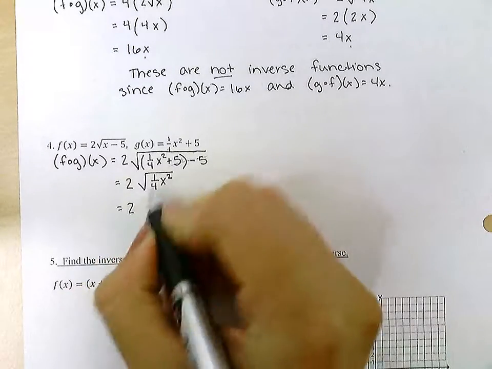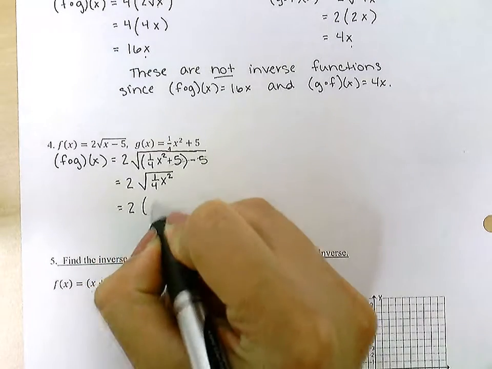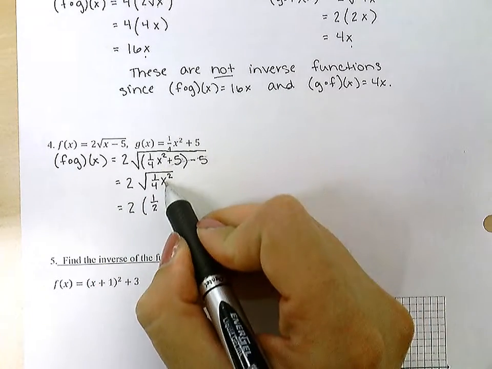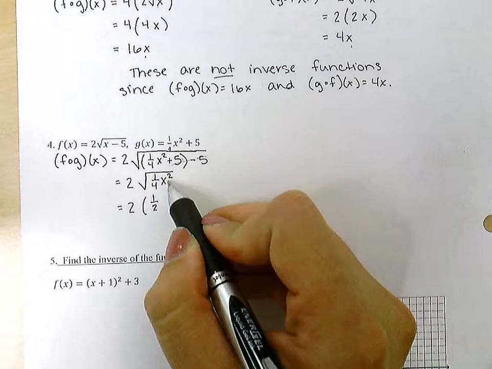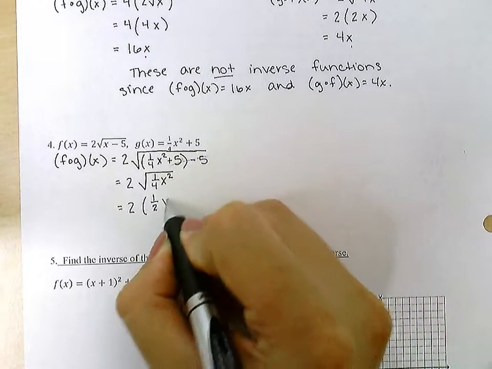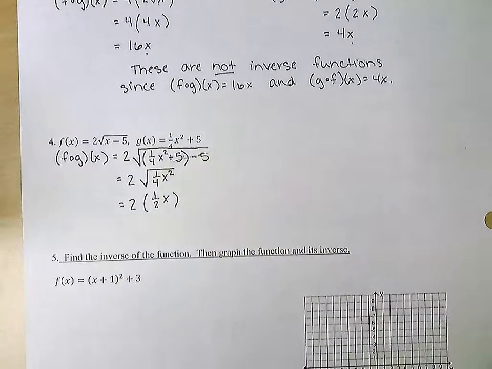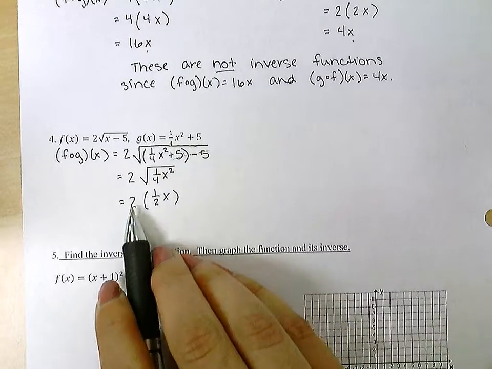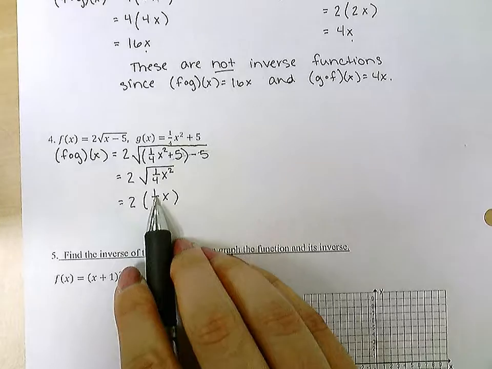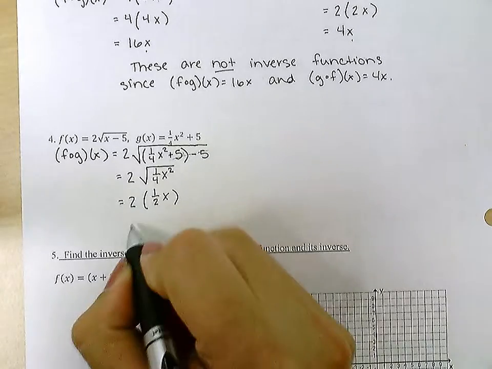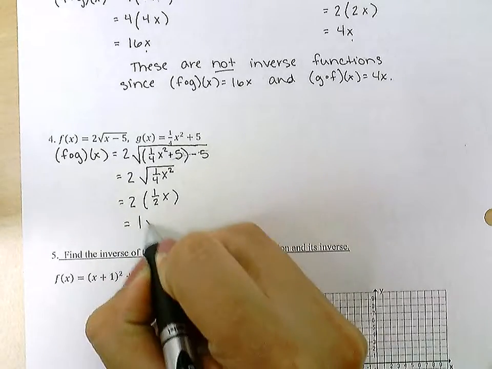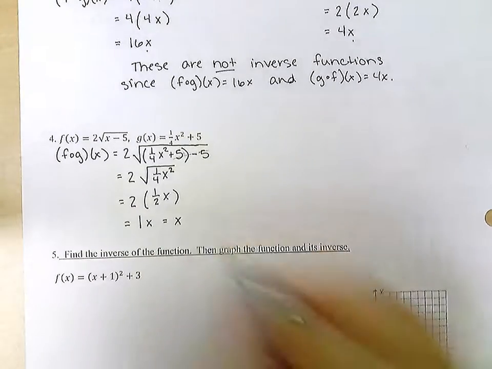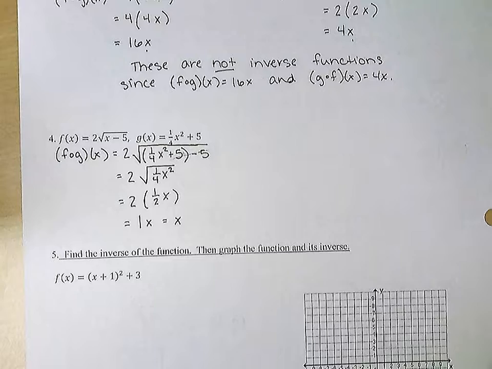So the square root of 1/4 would just be 1/2. Now the square root of x squared, those cancel each other, and I'm just left with x. Now if I multiply 2 times 1/2, I get 2/2, which is the same as 1. Okay, so this one does reduce to just x.